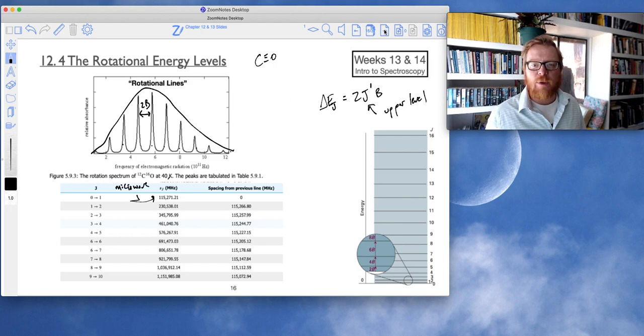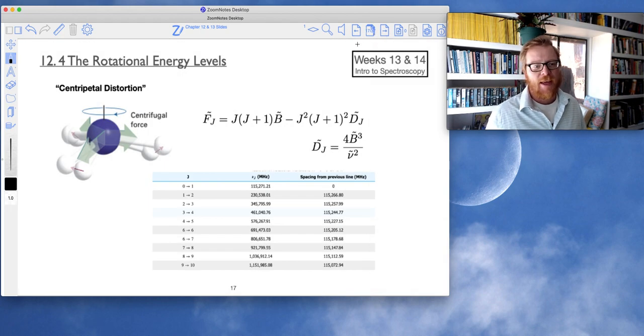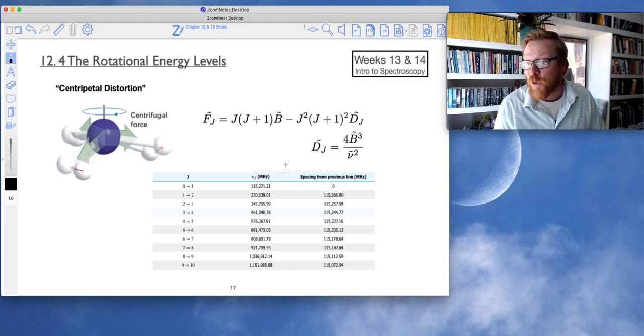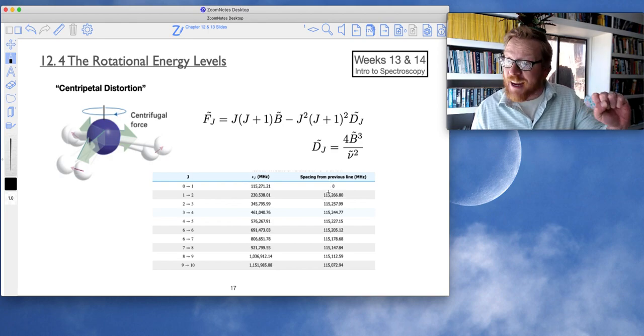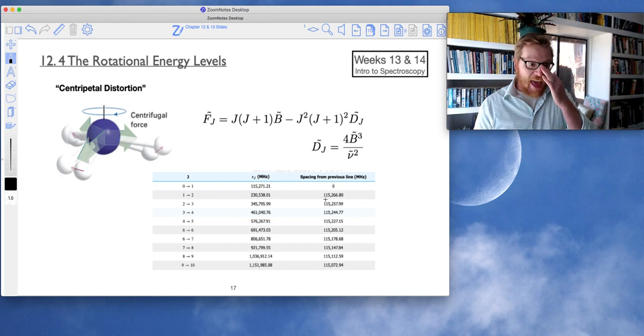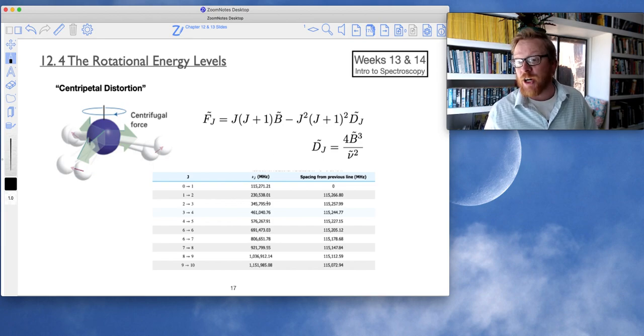Well, as it turns out, when this sample rotates, it experiences what we call centripetal distortion. So those bonds are, in fact, not rigid, okay? And so as this molecule is being spun around, those bonds are being elongated. That has the effect of changing its moment of inertia and, of course, also its angular momentum.